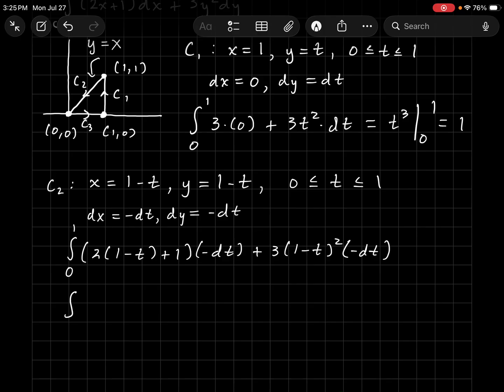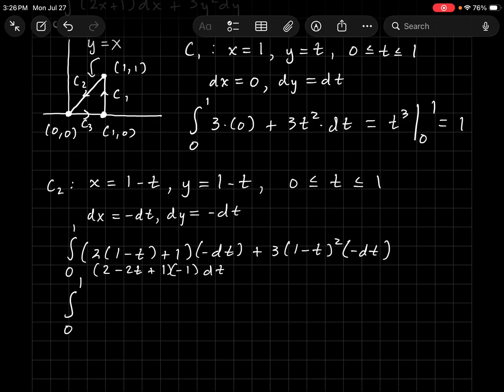Let's simplify this a bit. Integral from 0 to 1 of, let's see, we're going to have 2 minus 2t plus 1, and then times negative 1 dt.